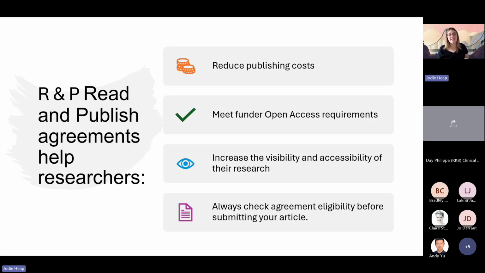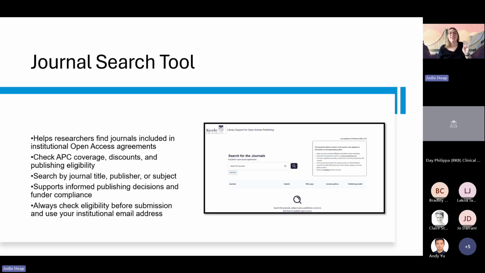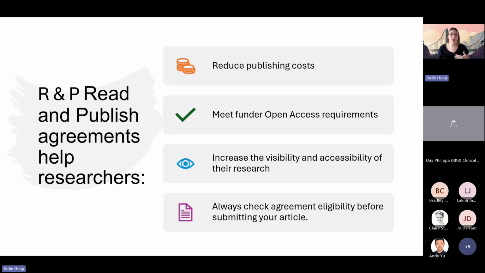To make this pretty easy, you can just skip one slide ahead, go to our journal search tool, which brings together all of the deals that the library has for all of the titles, and it will tell you whether it's fully covered, tick with the library pays, or whether there is just a discount on the article processing charge fee. So the journal search tool brings together all of the read and publish gold level titles that we have into one place.